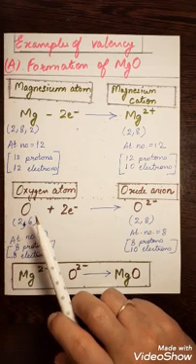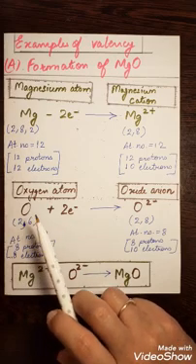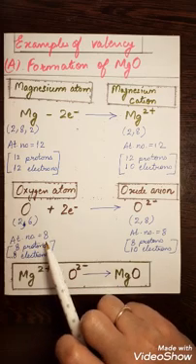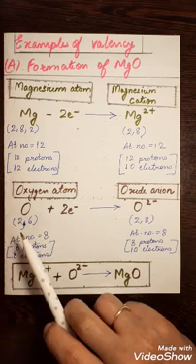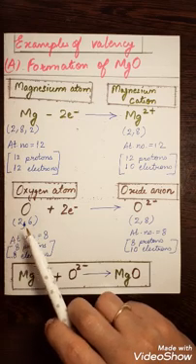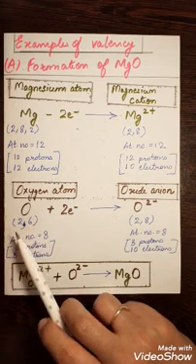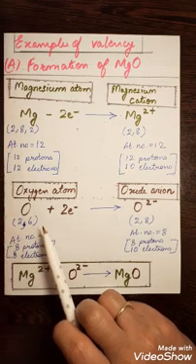Hence the oxygen atom is not carrying any charge and it is neutral in nature. Electronic configuration will be 2,6. Okay, 2 in the K shell and 6 in the L shell. So a total of 8 electrons are distributed in 2 shells, 2 and 6.